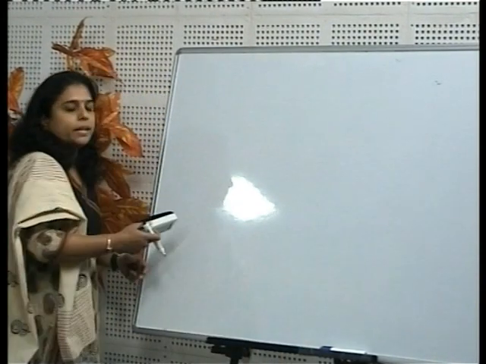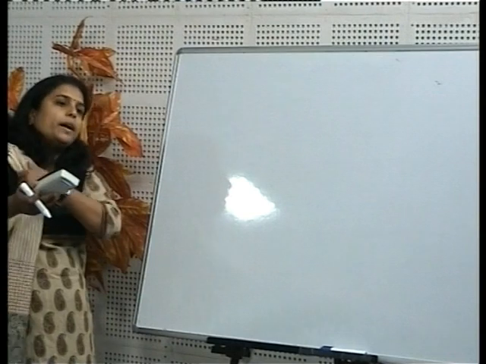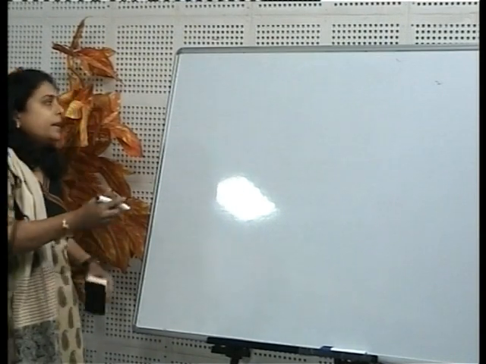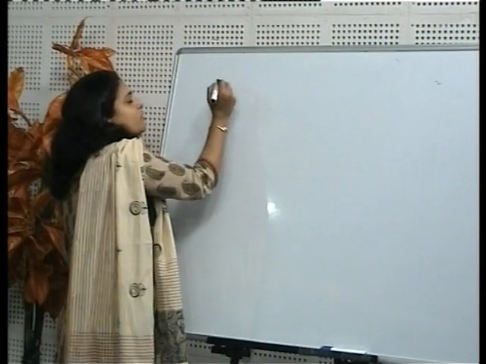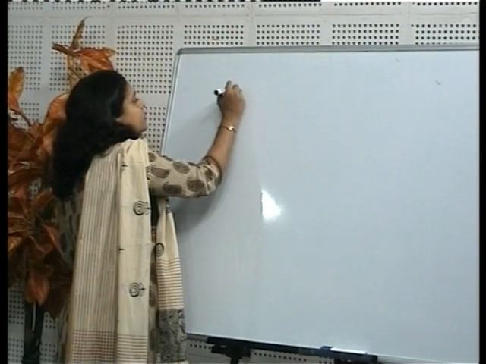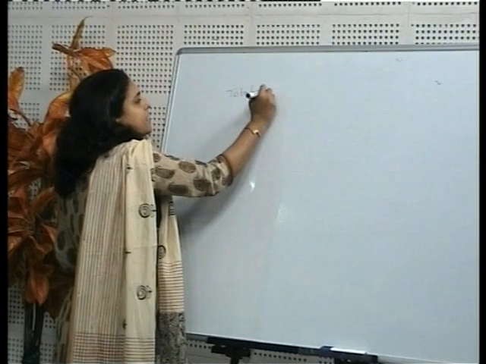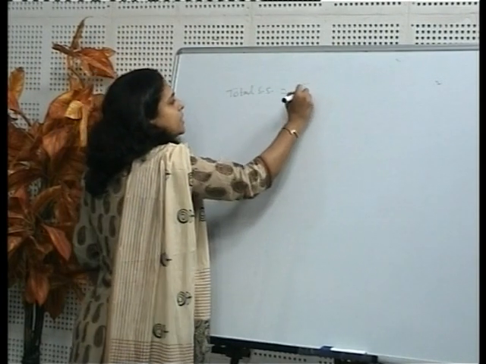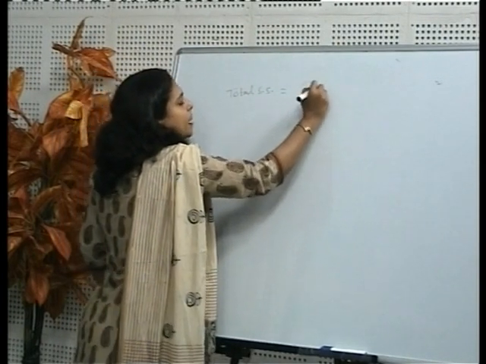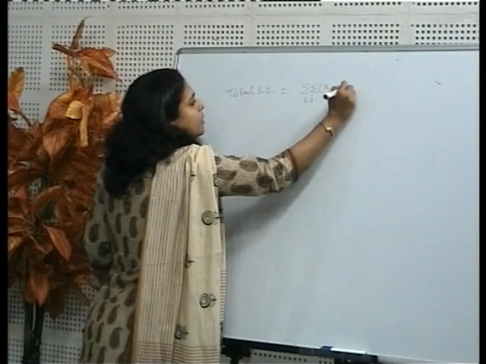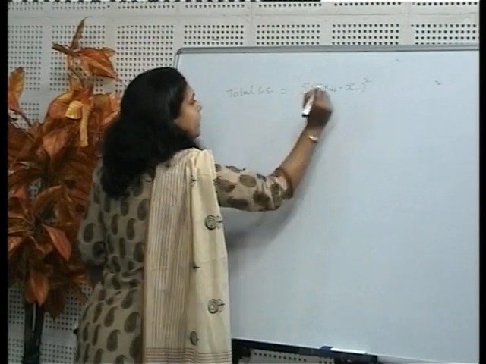Before I explain how to find the mean sum of squares, let us understand what we mean by degrees of freedom. The total SS that we have derived is double summation xij minus x bar double dot square.